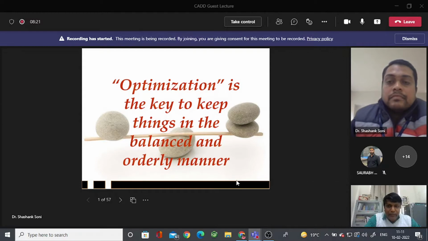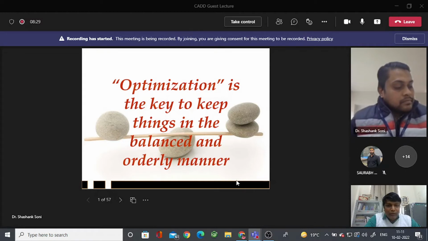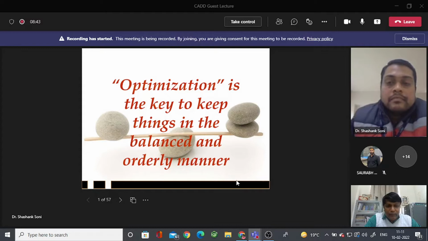Anyone who can tell me what is the literal meaning of good? Any student from this class who can make me understand what we understand by good? Is it a relative term or absolute term? Okay. Good is basically a relative term.